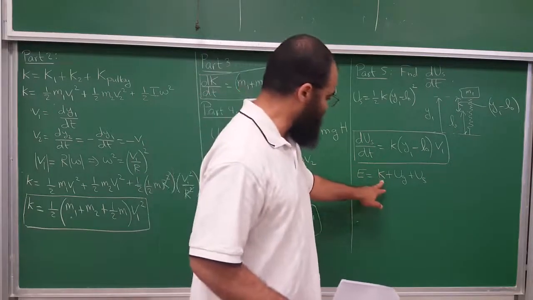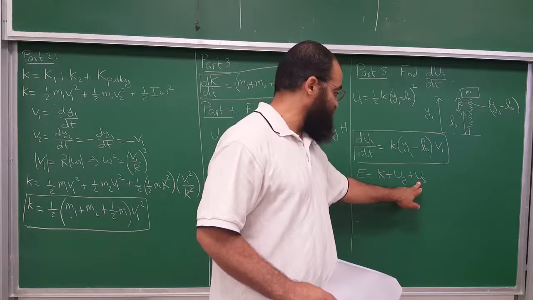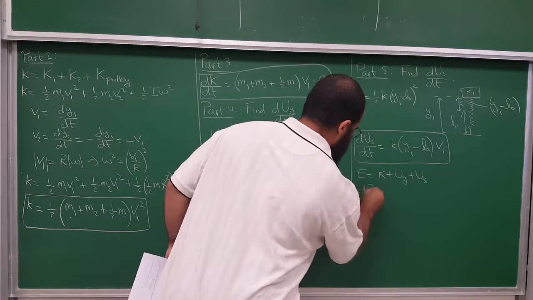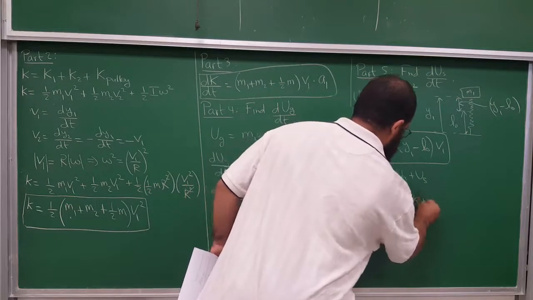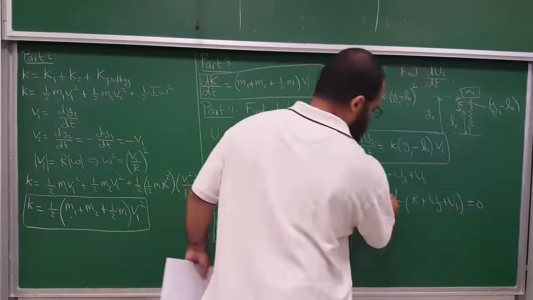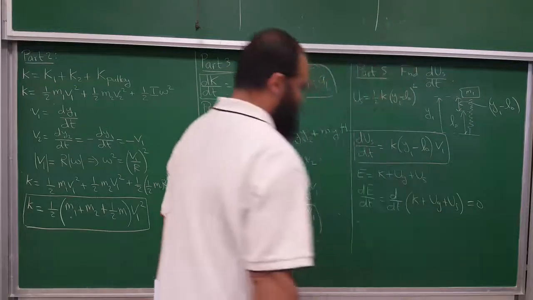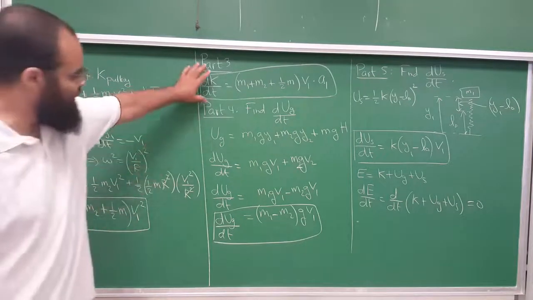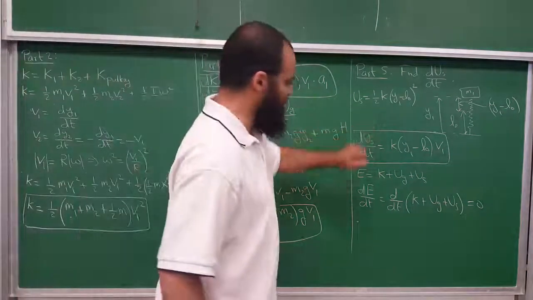So dE dt will be d dt of K, gravitational potential energy, spring potential energy, and this has to be 0. The derivative of a sum is the sum of the derivatives, so we already calculated these derivatives. All we have to do is add them and set them equal to 0.